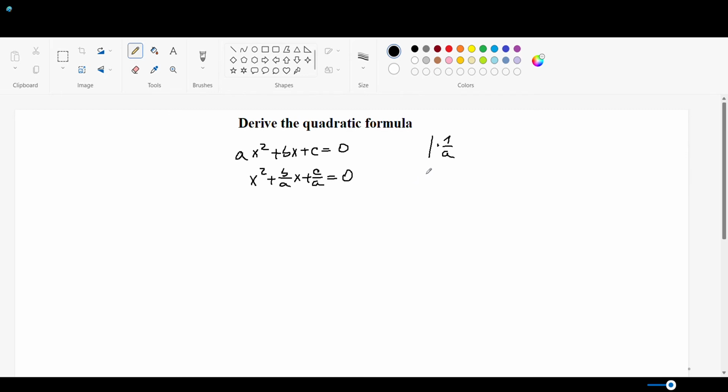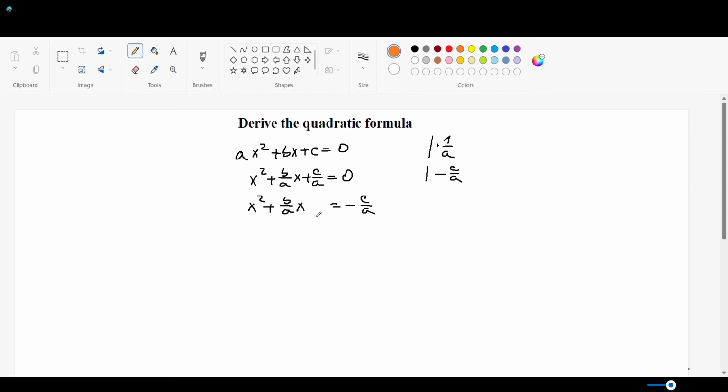Now the next step is to get c over a out, or let's put it on the right side of the equation. So we take away c over a, so it becomes x squared plus b over a x equals negative c over a.